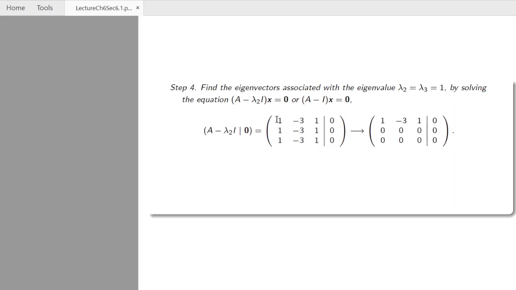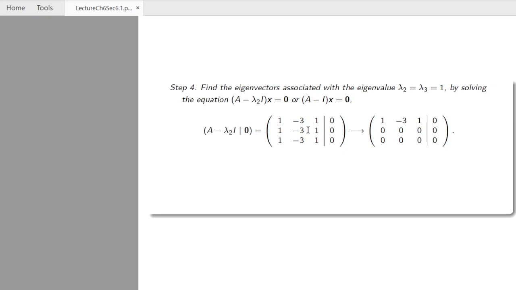So here we make a 3 by 4 matrix. On the left side, that's the matrix A minus lambda 2 I, or A minus I. Then the right side is the 0 vector of the system.